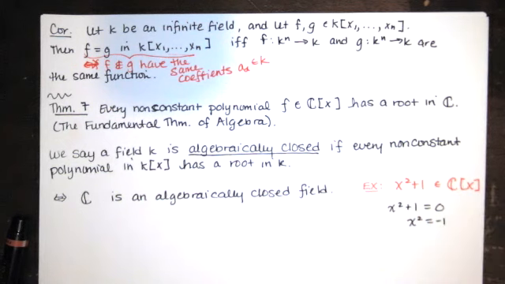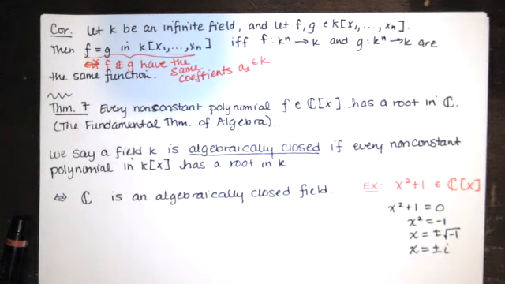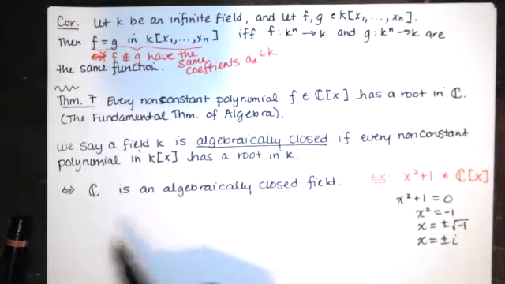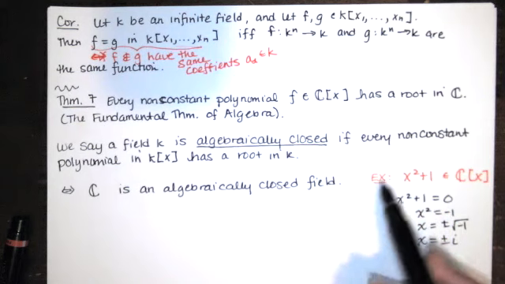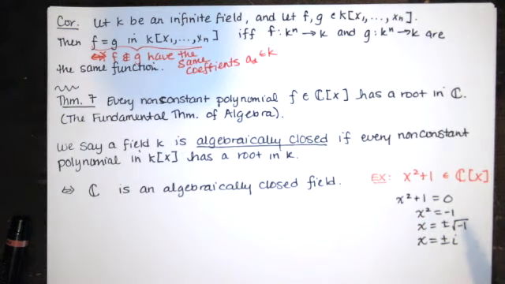So if we subtract 1 from both sides, you do your pre-calculus thing, and you get x equal to plus or minus i. We actually have 2 roots to this polynomial in the field C.